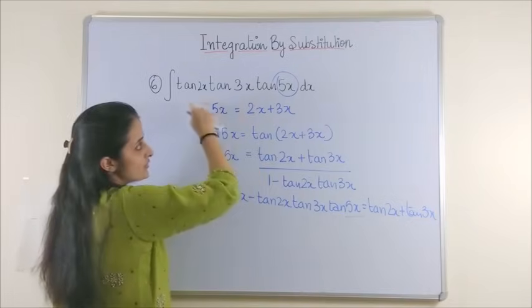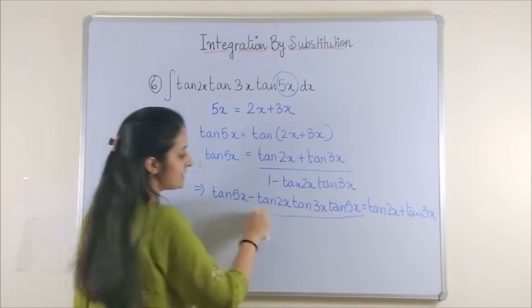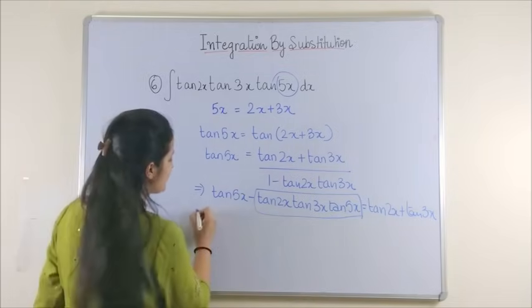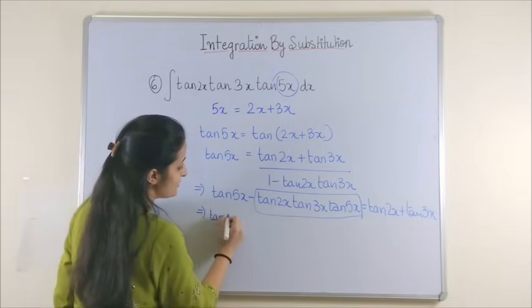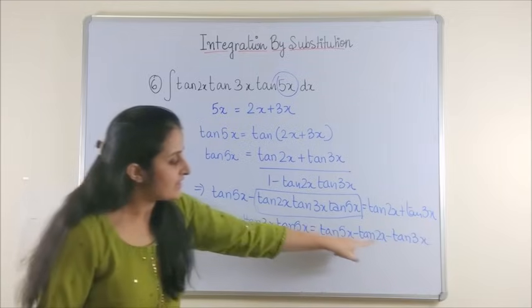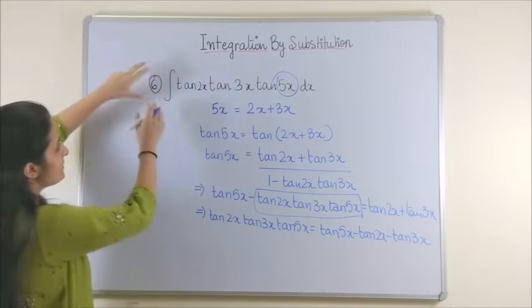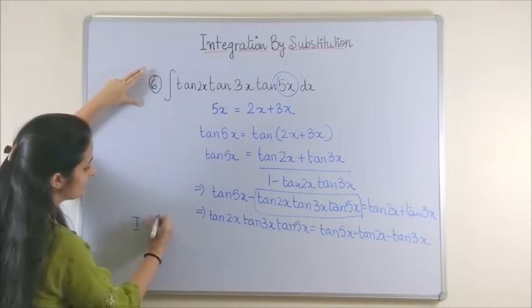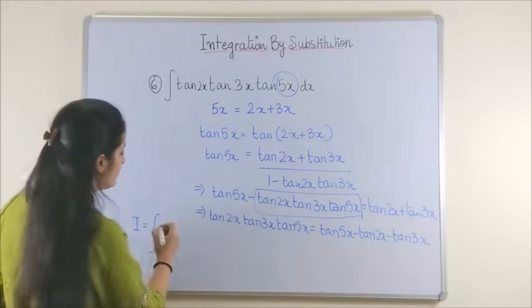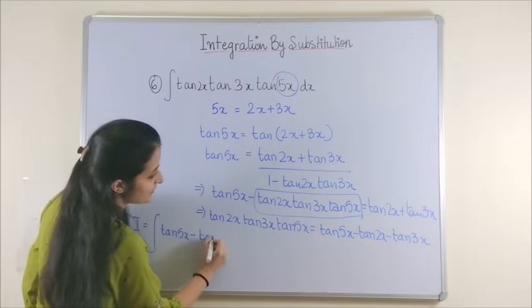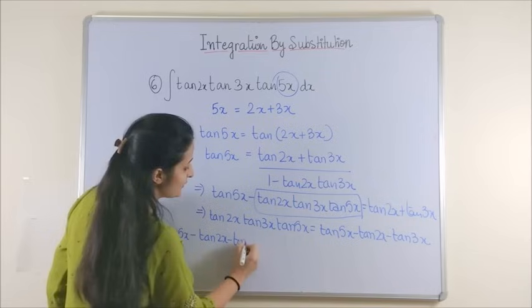And let's focus on our integrand. This expression could be expressed as tan 2x, tan 3x, tan 5x equals tan 5x minus tan 2x minus tan 3x. Now we are going to replace your integral with the new term as integrating tan 5x minus tan 2x minus tan 3x.